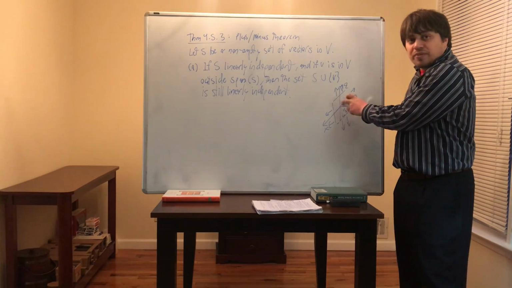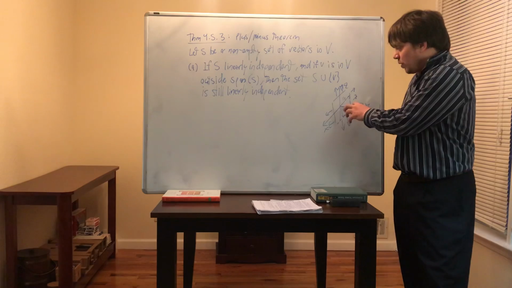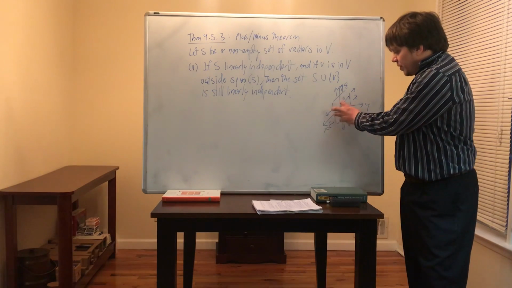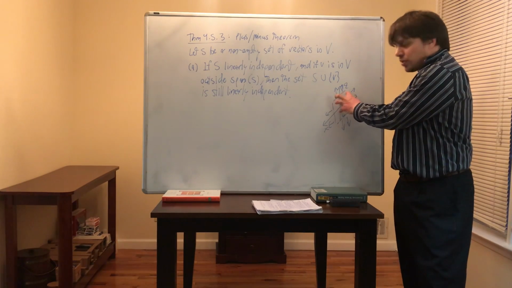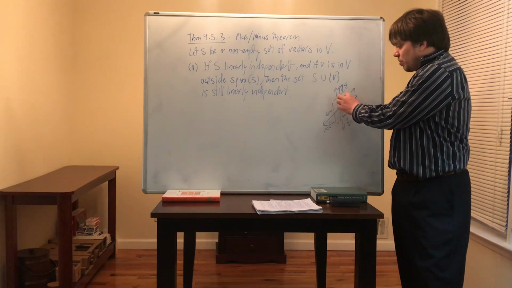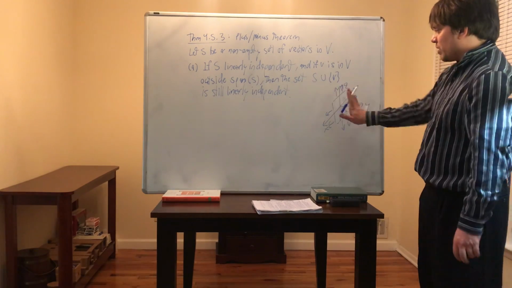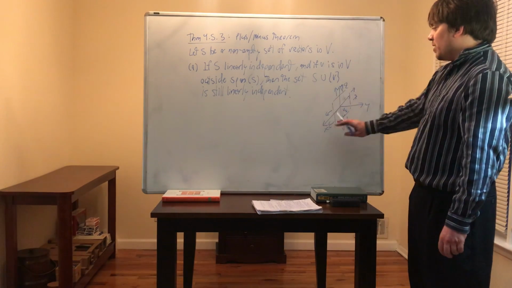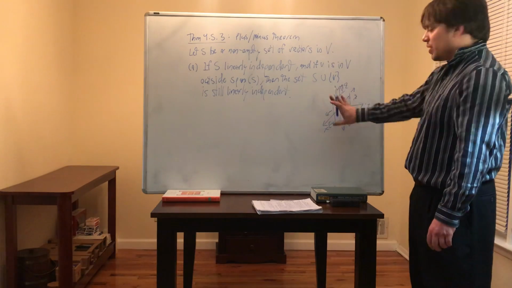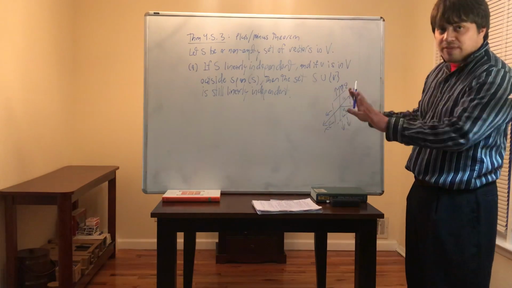Then v1 and v2 are non-collinear vectors in R3. There would be a plane determined by those two vectors v1 and v2. And so the plane is the plane that those two vectors sit on. Now the span of the set containing v1 and v2 is the entire plane they sit on. That's the span of v1 and v2.